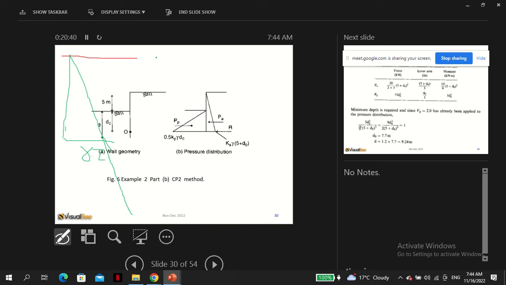However, in reality, in sand, especially dense sand, there is linear variation, but up to some critical depth. After some critical depth, the pressure remains the same. So this is the critical depth, let's say ZC.